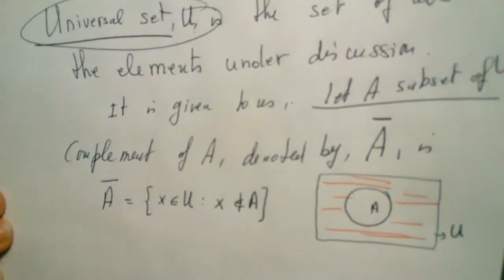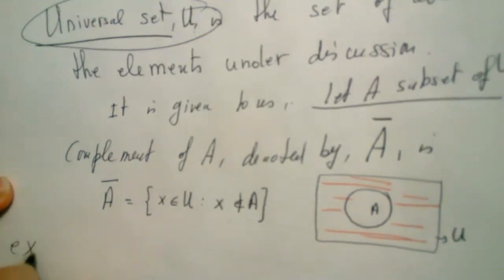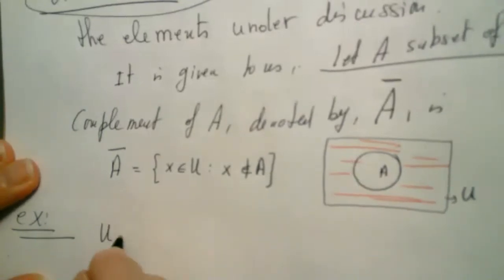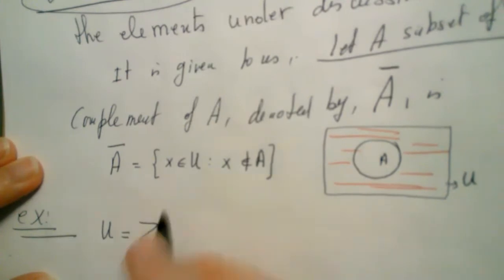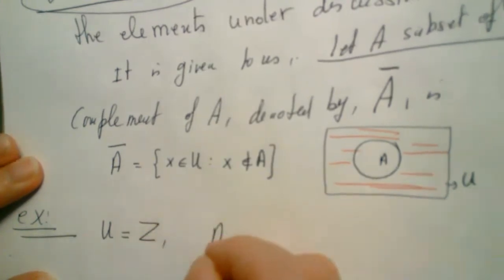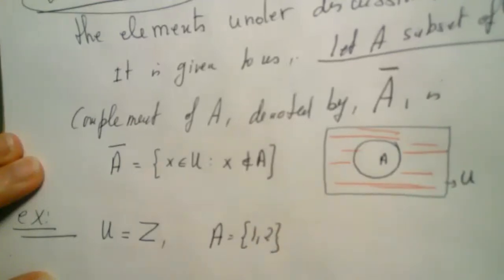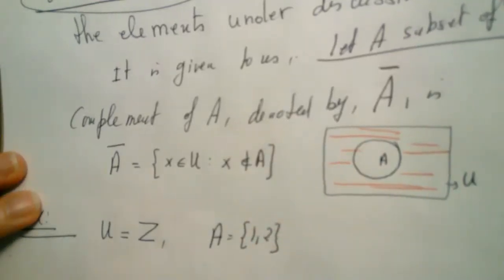So, a straightforward example as usual. Suppose now my universe is Z, all the integers, and A is {1, 2} within this universe. So what is A complement? Let's list the elements of A complement.